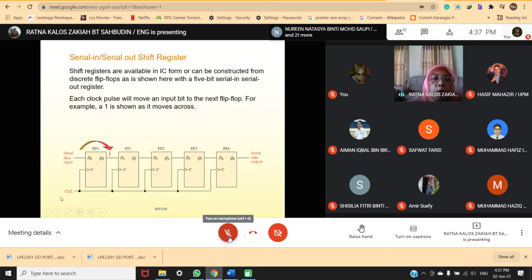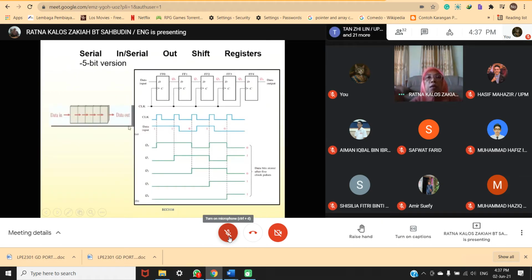You can see 1 clock and then it moves to the output from flip-flop 0, another clock goes to the output of FF1 and so on, and goes to the serial data output. So this is the serial in, serial out shift register, 5 bit, the same as you have seen just now. But now you can see the timing diagram.